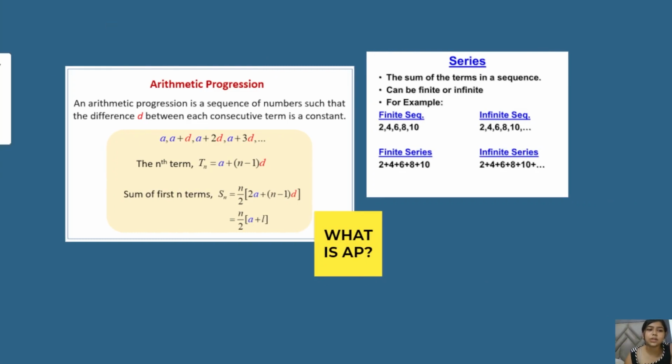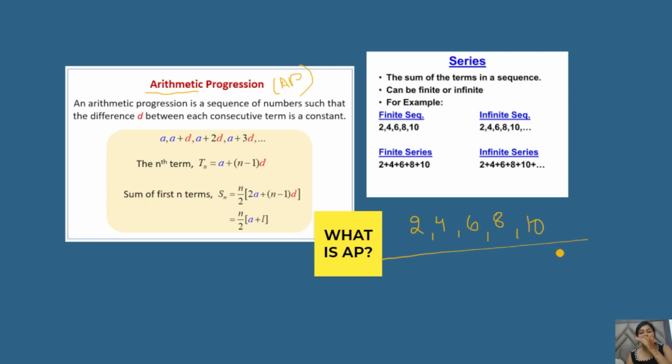So without wasting time, let's go with the AP. An AP is a sequence of numbers such that the difference between each consecutive term is constant. Let's say I have taken an AP 2, 4, 6, 8, 10. How will you say that this is an AP?